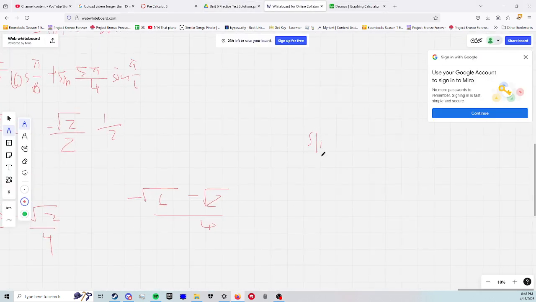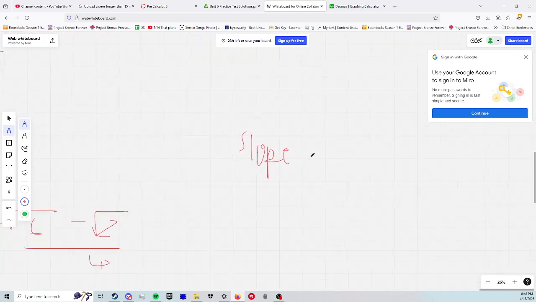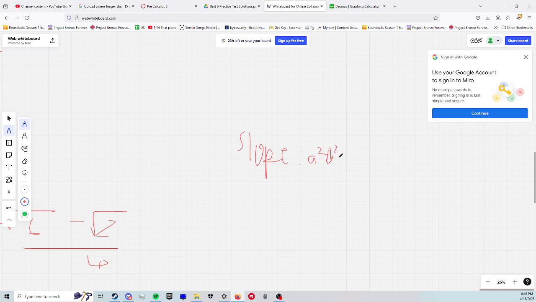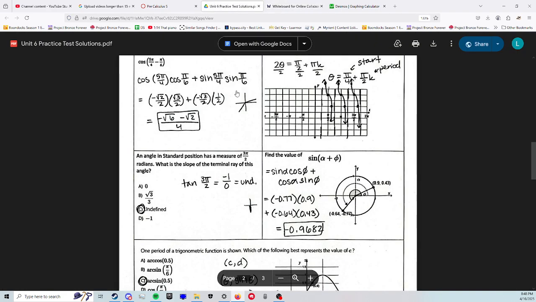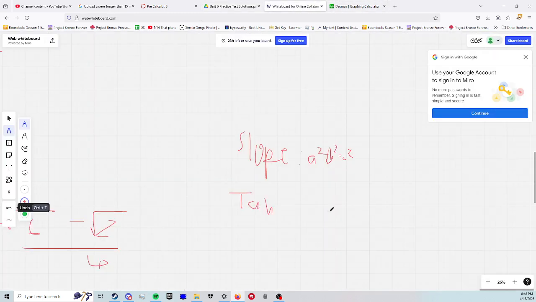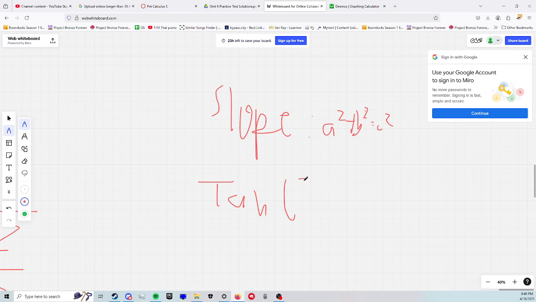Slope is, you know the Pythagorean theorem, a squared plus b squared equals c squared. And so in order to do this, we need to solve for tangent, and they give you 3 pi over 2. So we're doing tangent of 3 pi over 2, and let's look at our unit circle.